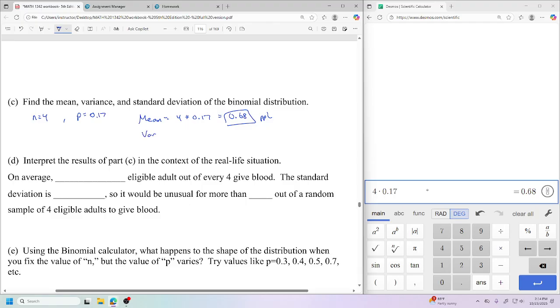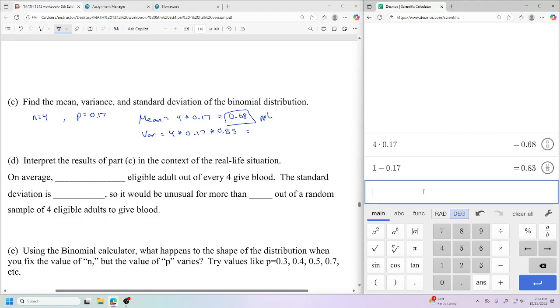My variance, 4 times the 17. And what's opposite of the 17? $83. Opposite of the... It's all good. You know how many times I've messed up doing this homework?